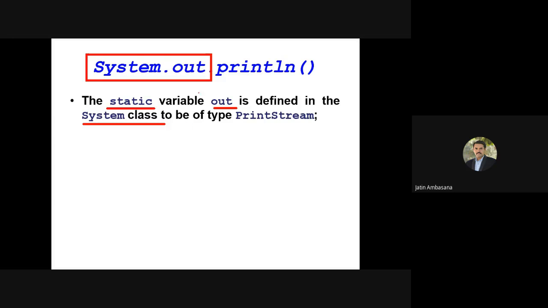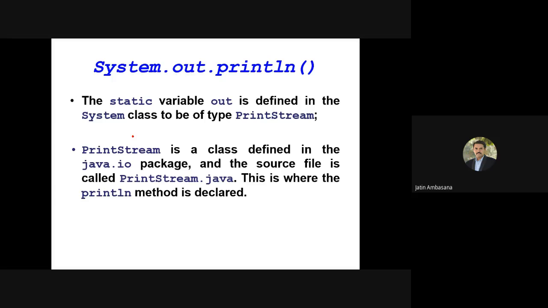System is a class, and inside that class we have this out variable, which is of type PrintStream. This PrintStream class has a method called println, which will print. PrintStream is a class defined inside the java.io package. Remember in the previous slides I showed that Java is an application environment that also provides various packages. java.io gives you lots of classes that you can use to do input output, and it is available by default.